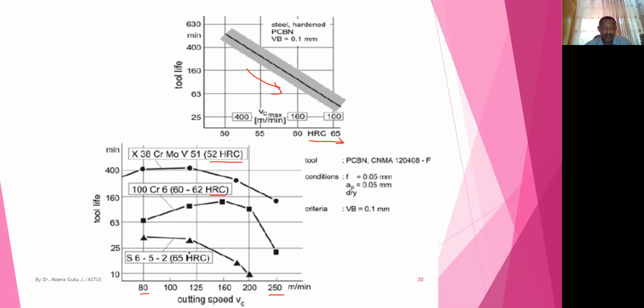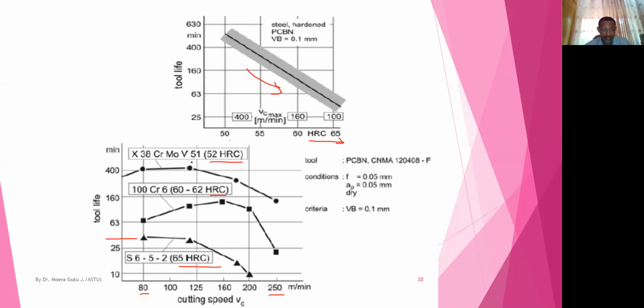And this material here, the maximum hardness material, is 65 Rockwell hardness number. So when you machine the harder material, compared to 52 and 62 and 65 Rockwell hardness number of these chromium materials, the tool life is limited up to this for the hard material.